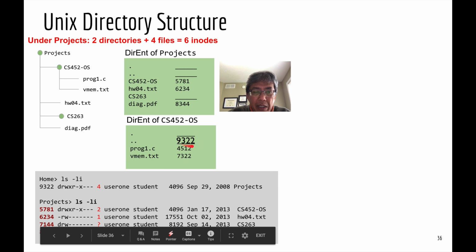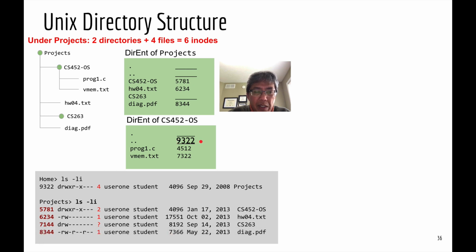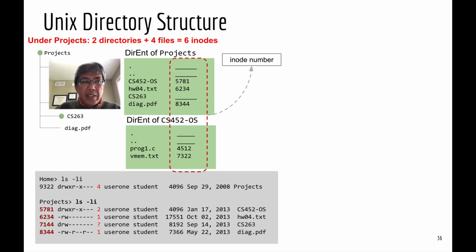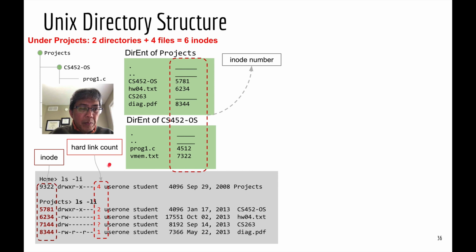So that number here is supposed to be 9322. So a directory entry in a Unix file system is just a pair of file name or directory name and inode number. We will look at more details about the link count in the next few slides.